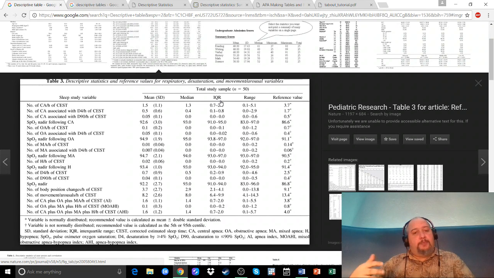Now, in some fields, maybe that's good enough. But for me, if you're going to say IQR, that is the difference between the third quartile and the first quartile. That's IQR. The range is the difference between the highest value and the lowest value. Otherwise, why is it here?